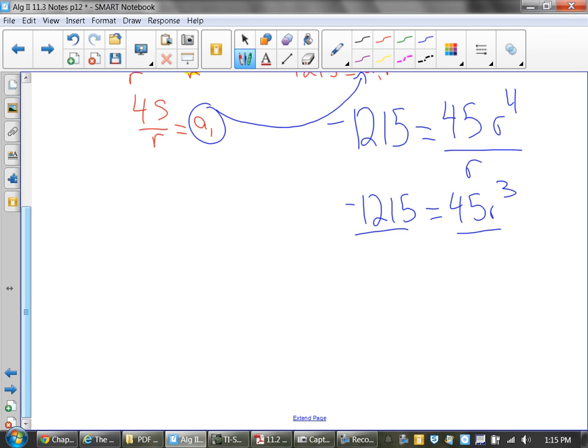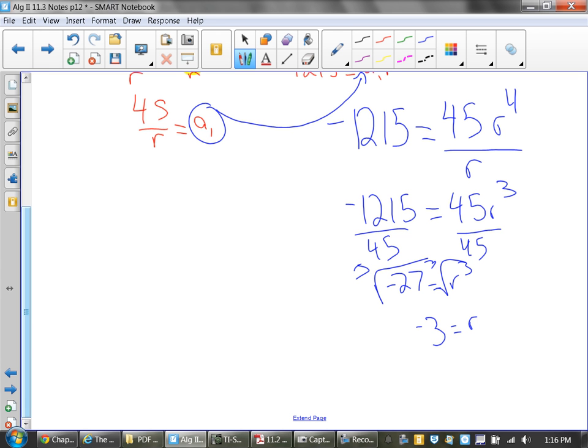Divide by 45. What is it? Negative 27. Negative 3. The cube root of a negative value will be negative. You guys remember where the cube root button is on your calculators? Yeah, so negative 3 is your r value.